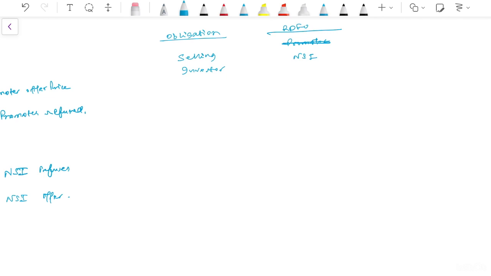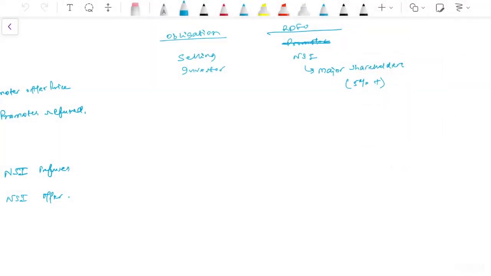I have seen term sheets where the non-selling investors do not have ROFO. There is a carve-out for major shareholders, wherein only the major shareholders holding, let's say, 5% and above have the right of first offer. That is, only those shareholders can offer to buy the shares of the selling investors. Similarly, sorry, I had to take a break.